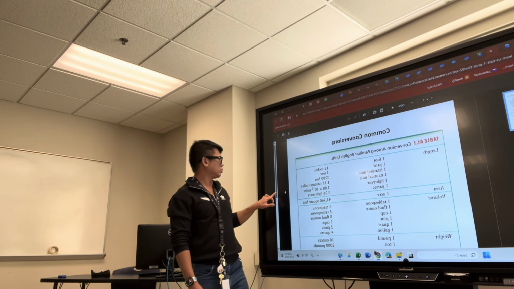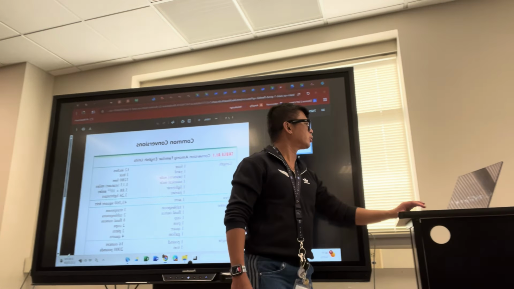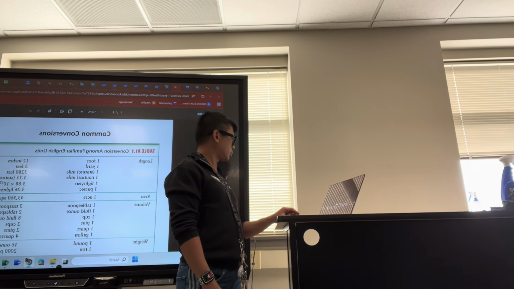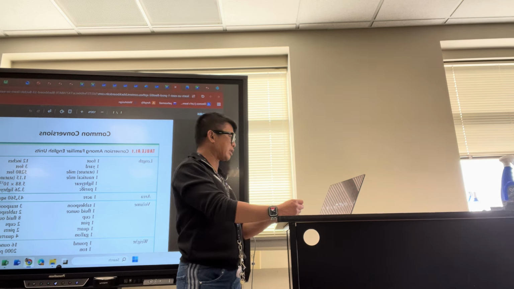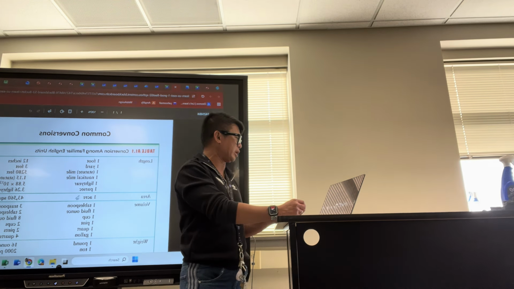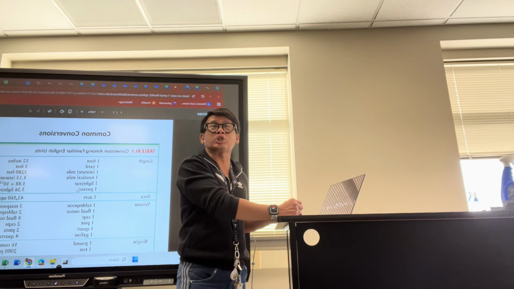Okay, here we go. Area units. Okay, there we go. See that light year? We won't be using that much, but at least it's there. Those are typically used for astronomy.